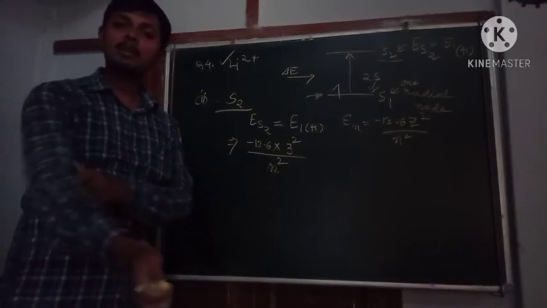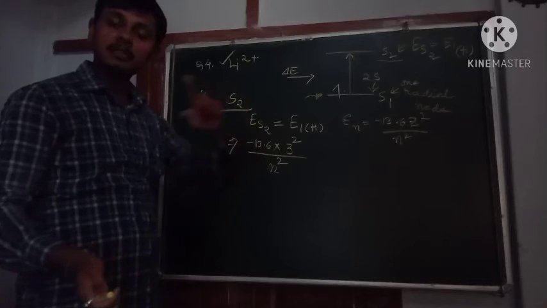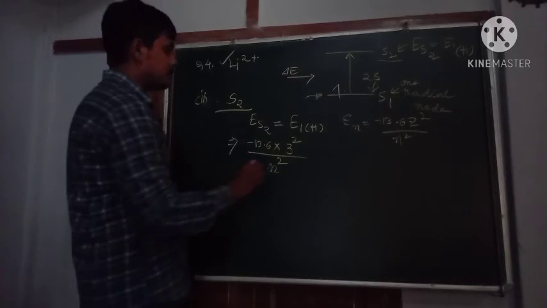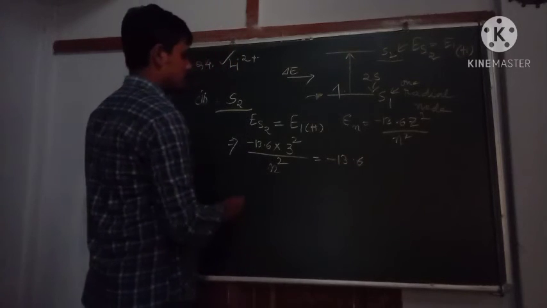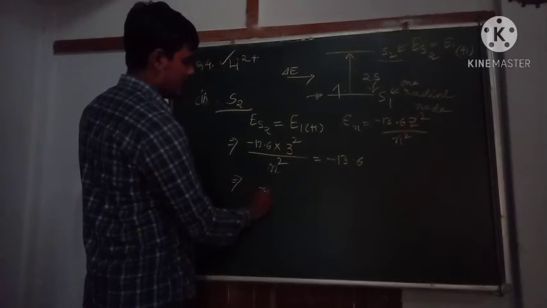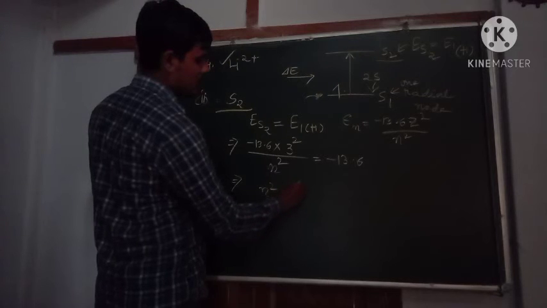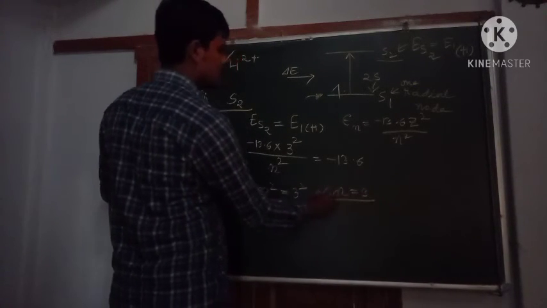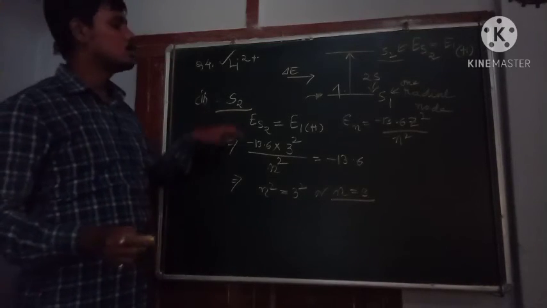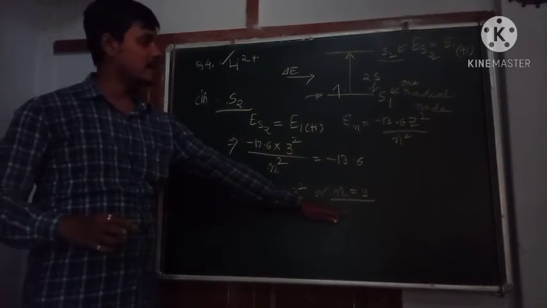We will calculate using this condition given in the question. This equals minus 13.6. Okay, so we get n square equals 3 square, or n equals 3. So this is the n value for S2.